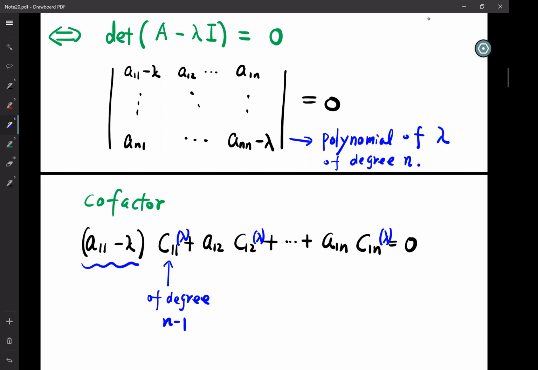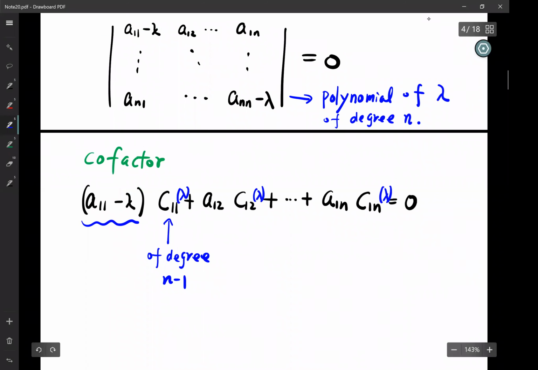A12 is a number, and C12 of lambda is at most a polynomial of degree n minus 1. I add them all together, so this is still a polynomial of degree n. Is that clear?